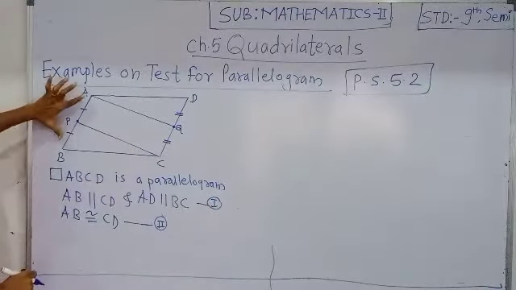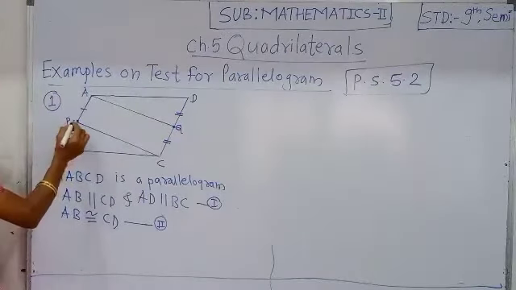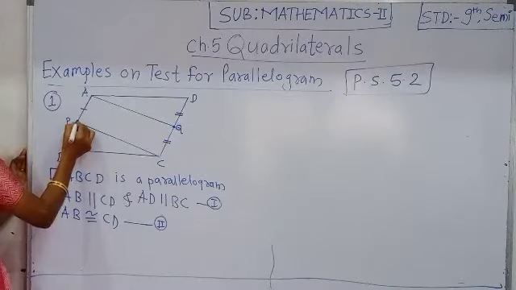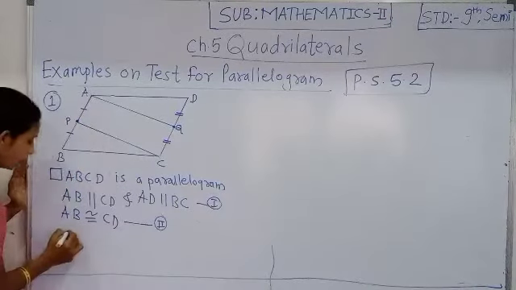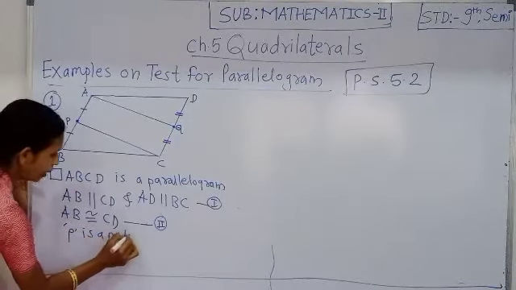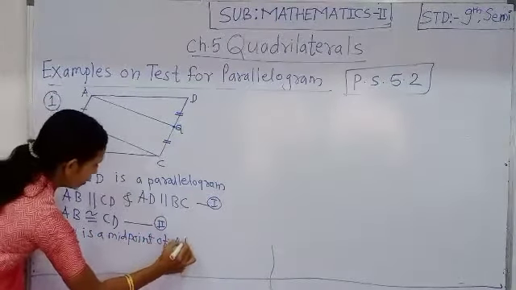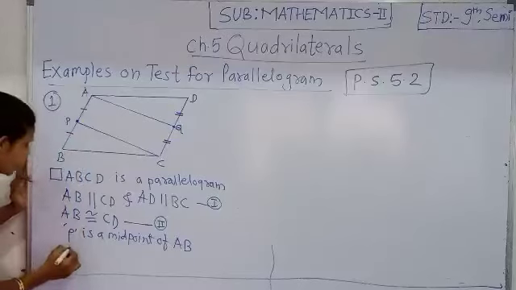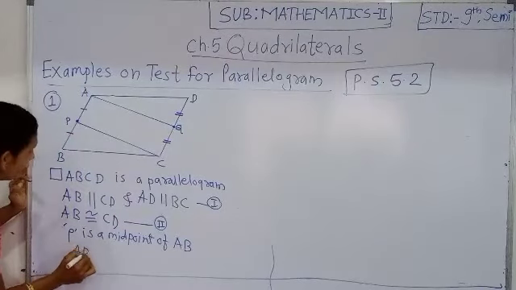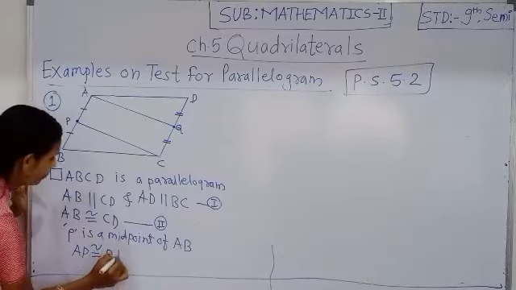See here, as AB and CD are congruent, and P is a midpoint of AB, therefore we can write that AP is congruent to BP.